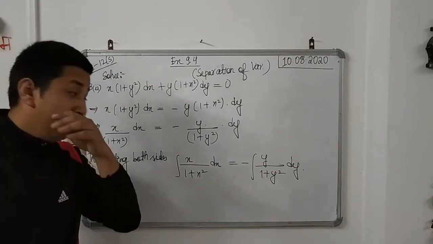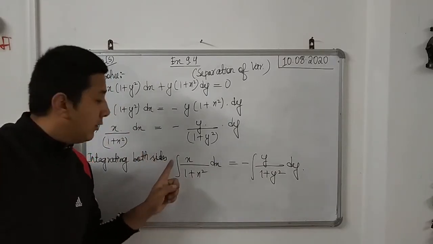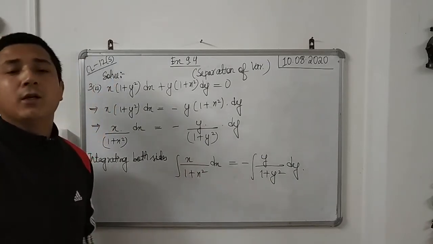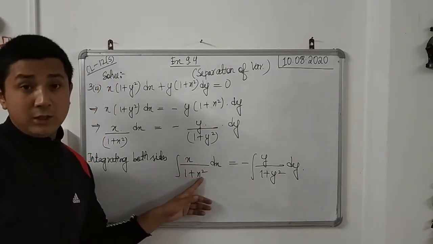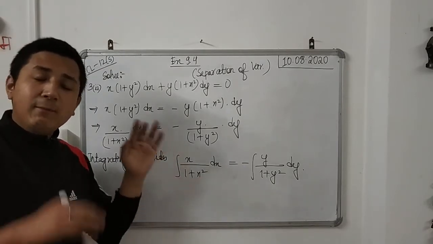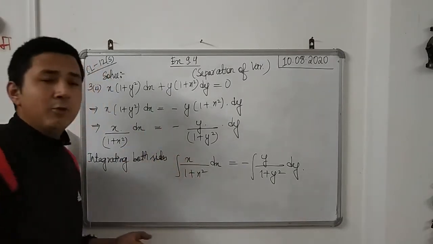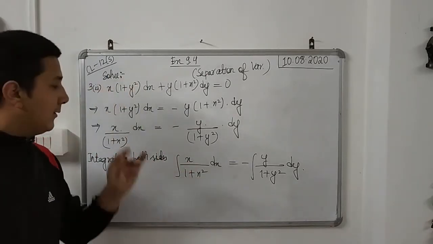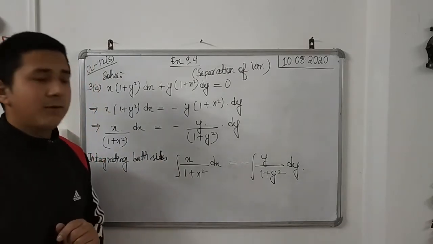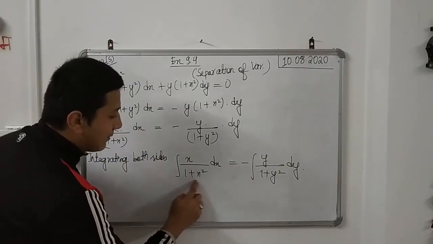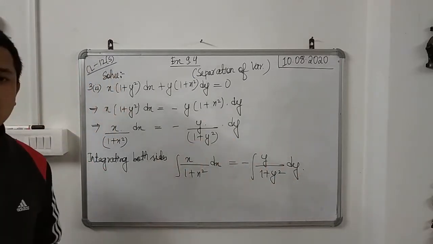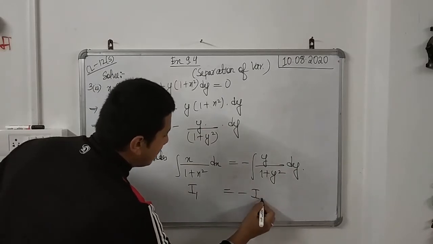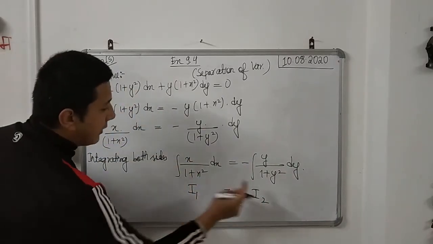I've told you in previous classes, if the power in the numerator is lesser than the power in the denominator, we substitute the denominator as another variable. If the powers are equal, we try to make the numerator the same as the denominator. If the power in the numerator is greater, we divide. So three cases. Here the power is less, so we have to substitute, and we know how to do it: substitute this as P, substitute this as Q. So I'm calling this I1, which equals minus I2. Now your job is to find the value for I1 and I2.